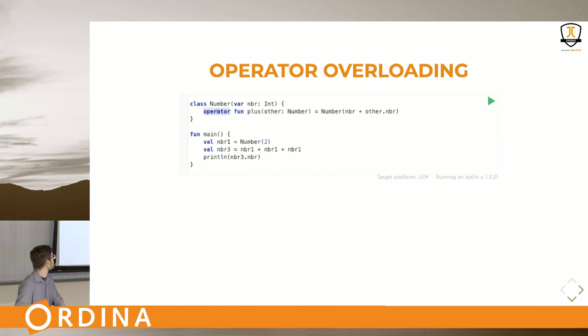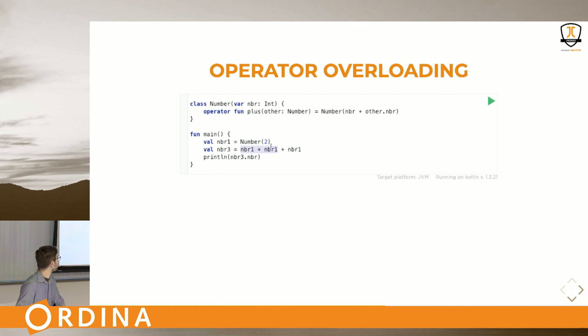How do we do it? We just say operator fun, because it's very fun to do, and then plus. Those are predefined words. It's plus. You can also do multiply and a long list of others. Minus is also possible. And then you just define what it should do. So in this case, it takes another number, because if you look at this operation, this is what we are defining.